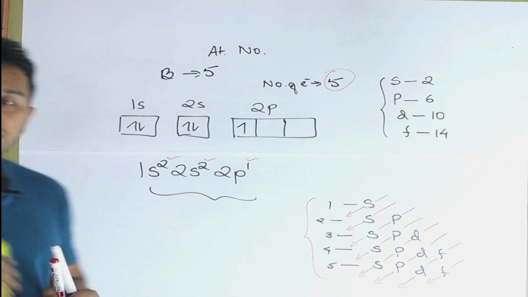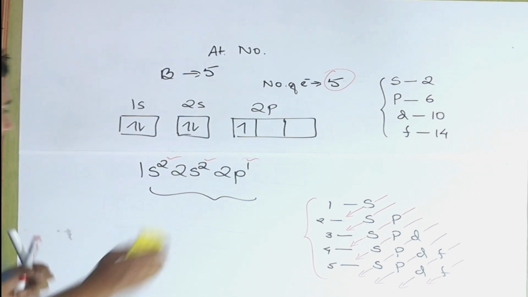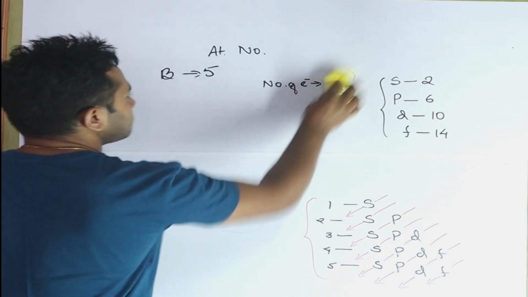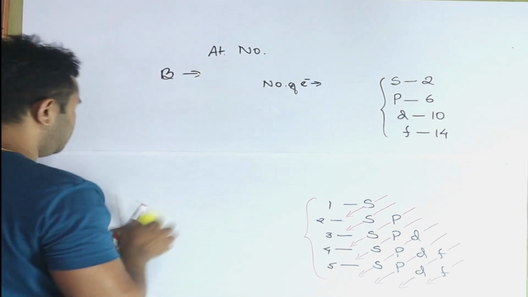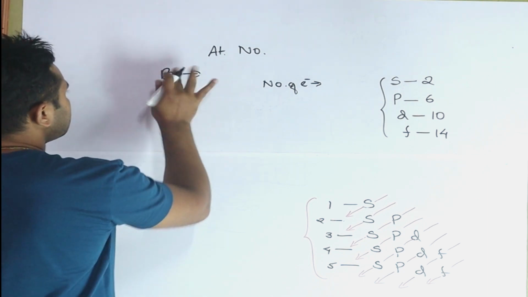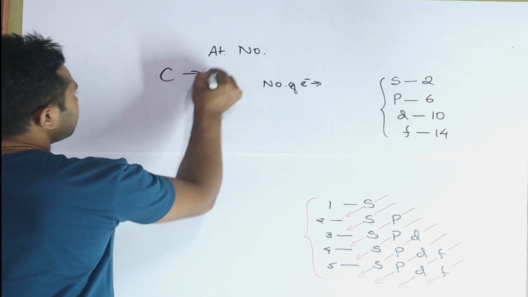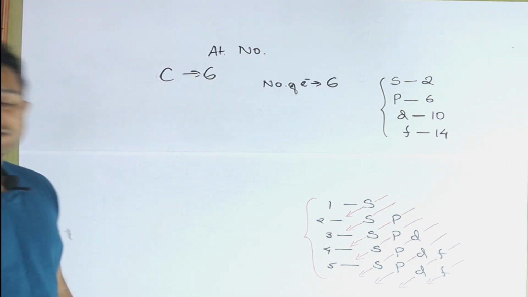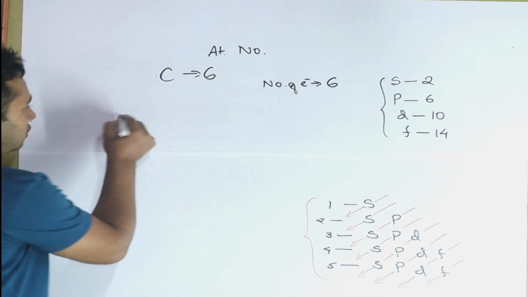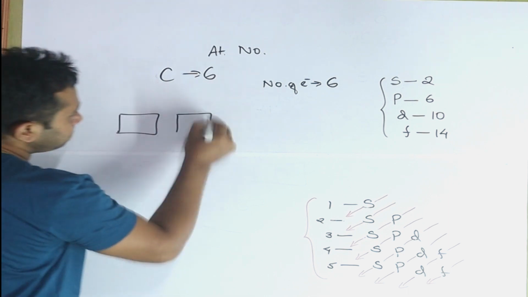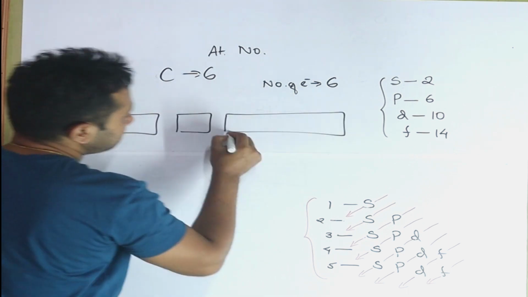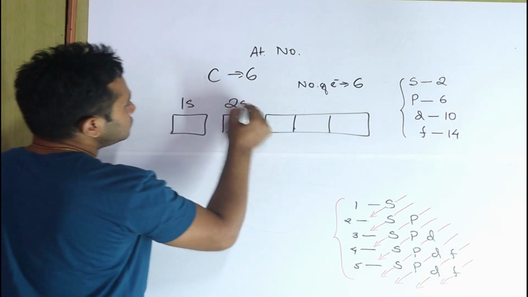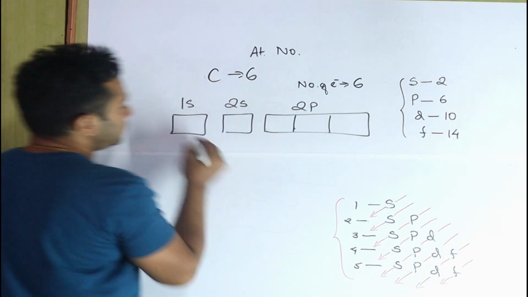Let's go for atomic number 6. We have carbon. So the number of electrons is 6. I'll draw the orbitals again: 1s, 2s, 2p.